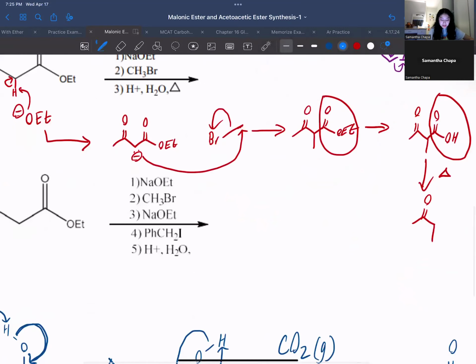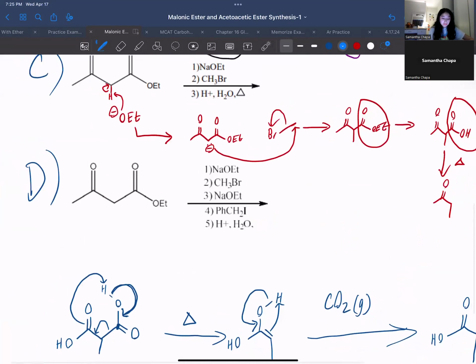Okay, next reaction, again, the same thing. Decarboxylation. I'm sorry, not decarboxylation. Deprotonation. So I've created a pretty great nucleophile.